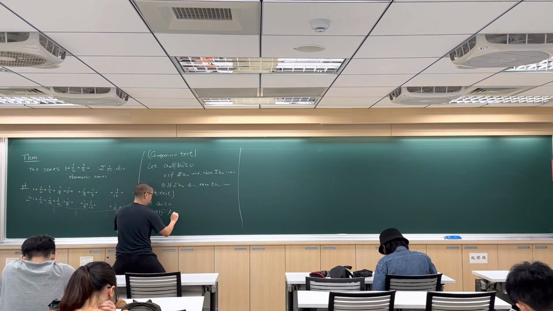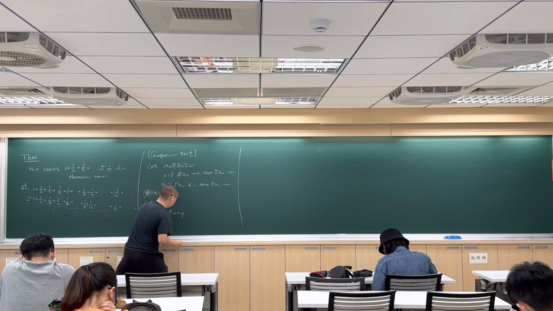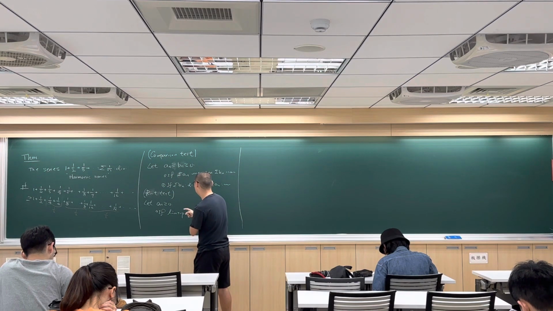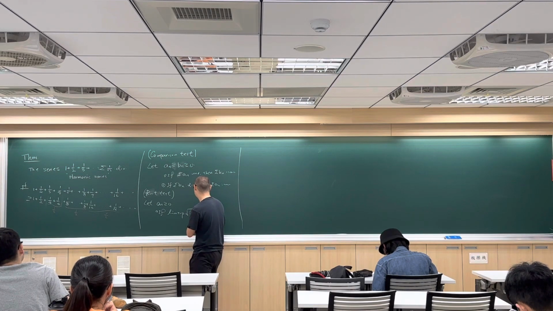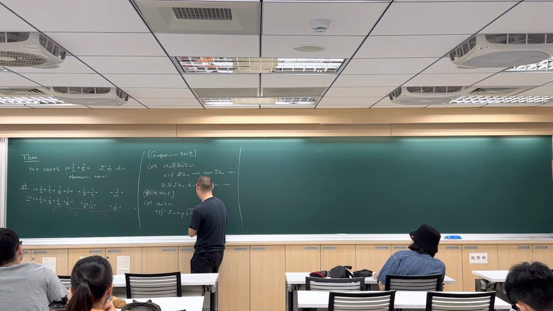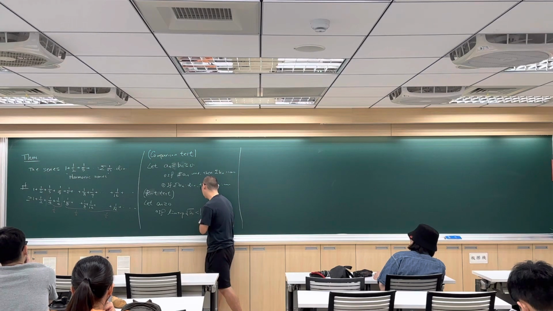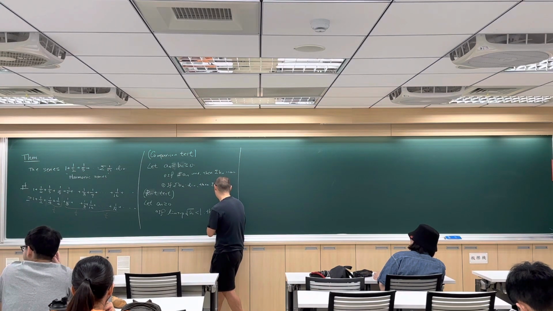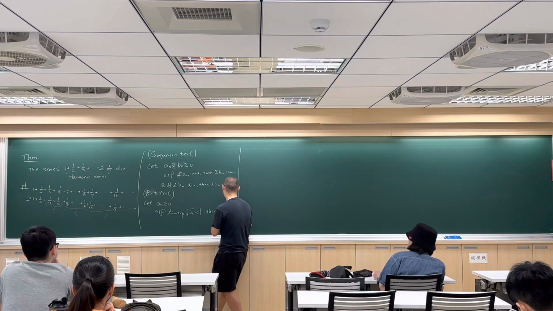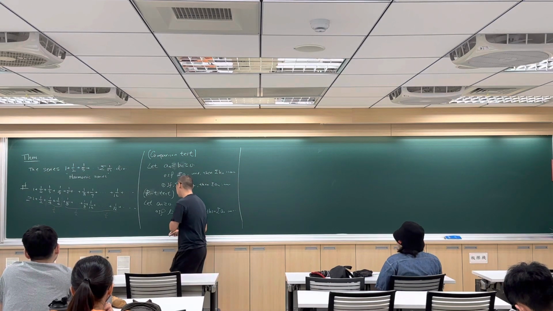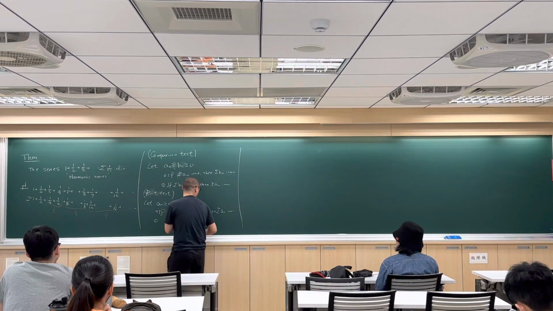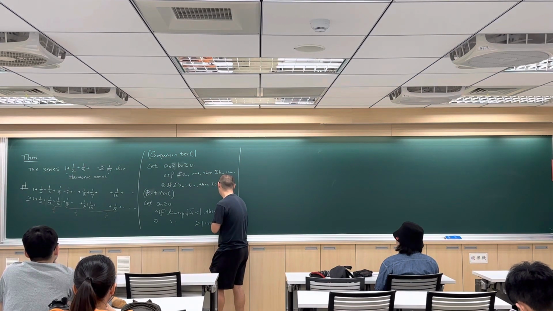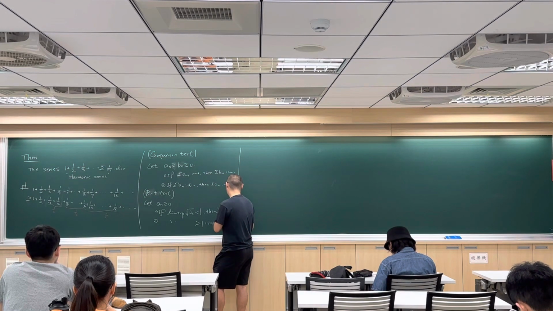If limsup of an to the 1 over n is less than 1, then the sum of an converges. And the second, if it is larger than 1, then it diverges.